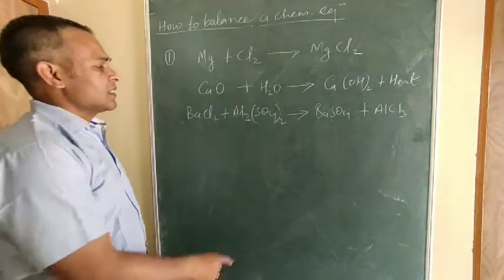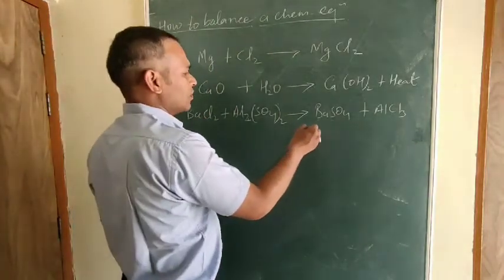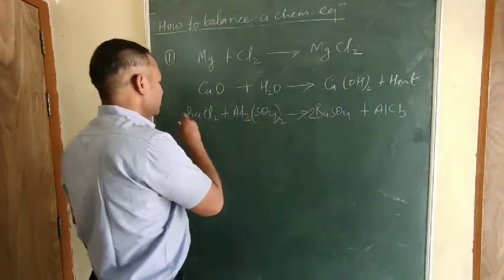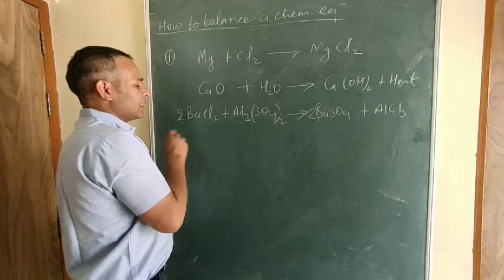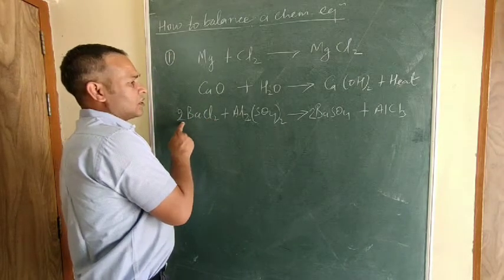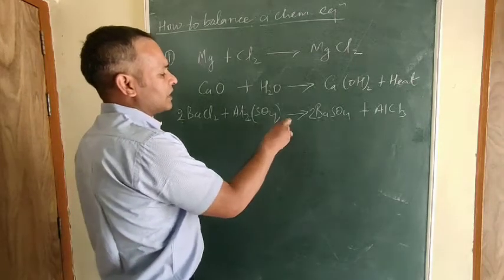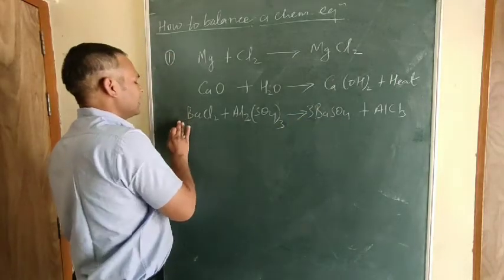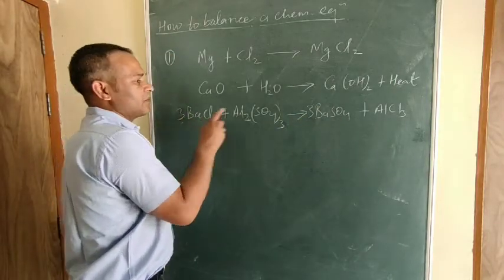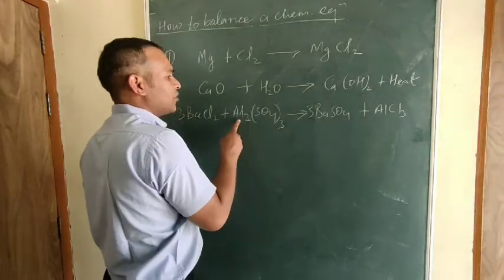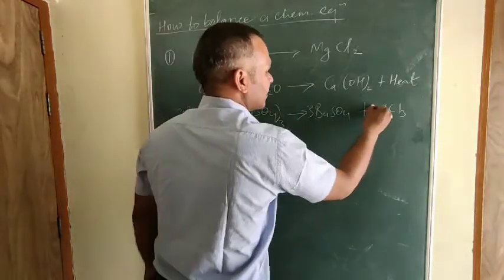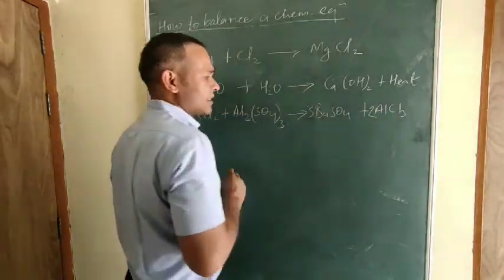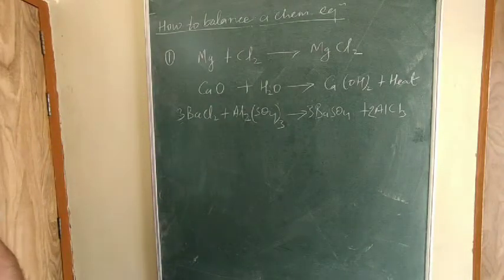Here we can see the sulfate is 3 on one side and 1 on the other. So we will write 3 over here, right? Barium is 3, sulfate is 3, aluminium is 2, so here we will write 2. Chlorine is 3 2s are 6, 2 3s are 6. Now it is balanced.